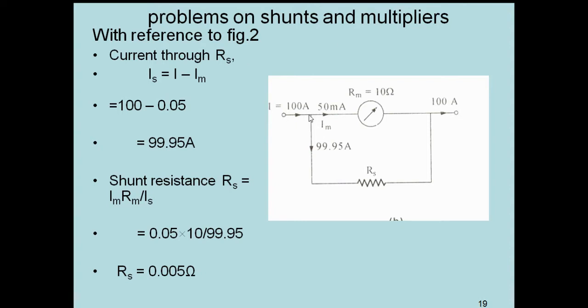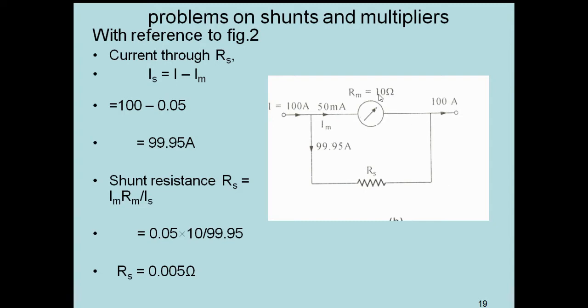The current flowing through the shunt branch, ISH, will be equal to I minus Im. If we apply KCL at this point, ISH equals I minus Im. So 100 minus 50 milliamperes gives 99.95 amperes. And in a parallel circuit, the voltage is the same, so this voltage equals the voltage across the meter.